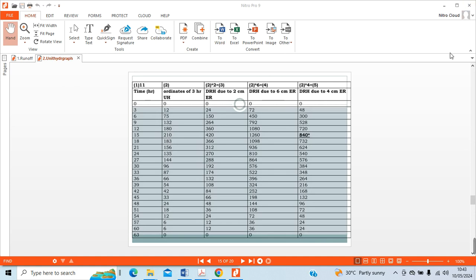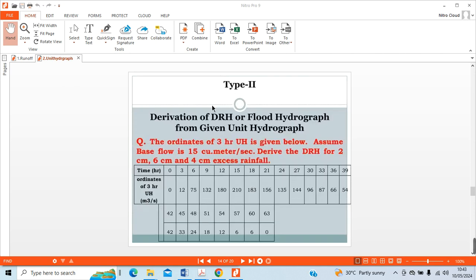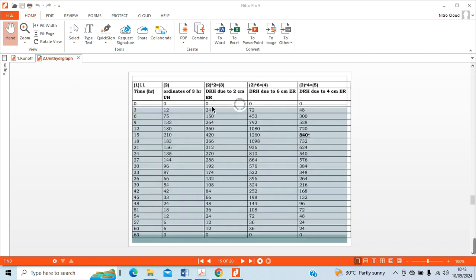So we have to prepare the third column. DRH due to 2 centimeter ER, right? ER, what is the meaning? UH means unit hydrograph, ER means excess rainfall. DRH, direct runoff hydrograph, due to 2 centimeters.